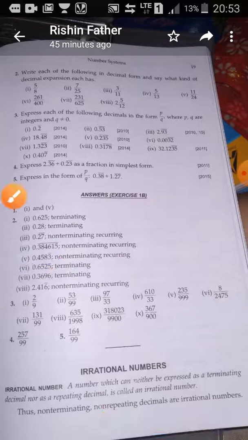Okay, now I want you to look at sum number 4. See, you won't understand. Normally we leave it after 2 places or after doing it.